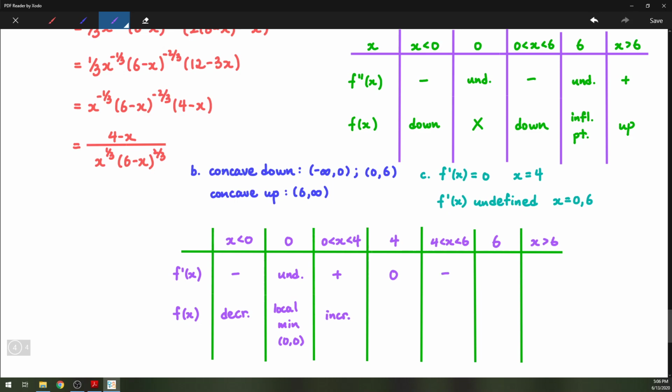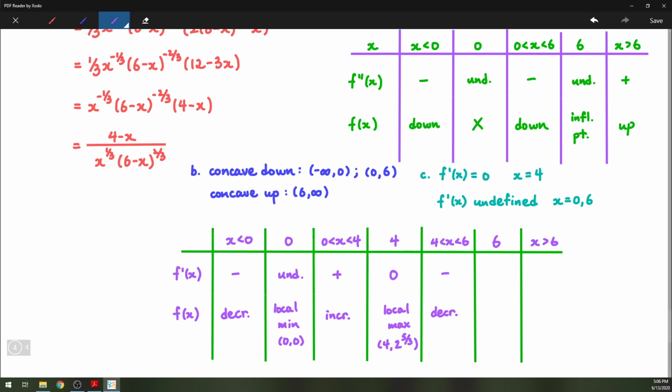So that means this is decreasing. And of course, this would produce a local maximum at 4, and then 2 to the 5 over 3. That one's a little bit tricky.